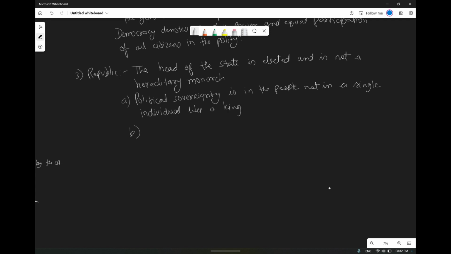And there should be absence of any privileged class, and hence all public offices are open to every citizen without any discrimination.